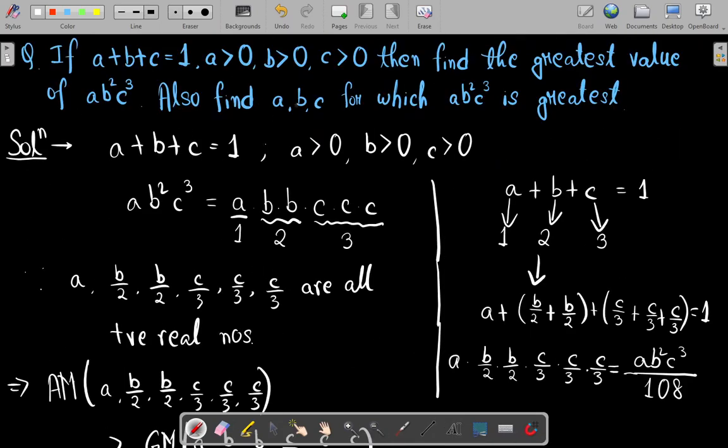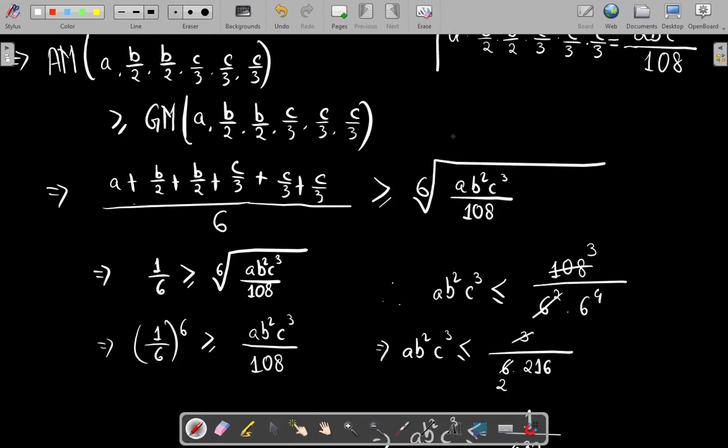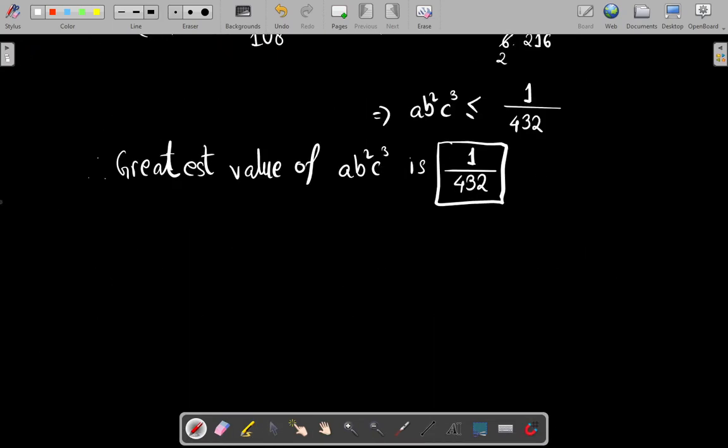Now we have to find the values of a, b, c for which this is greatest. We were given a + b + c was 1, and we used the numbers a, b/2, b/2, c/3, c/3, c/3.